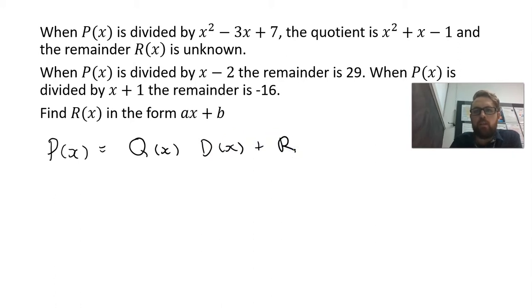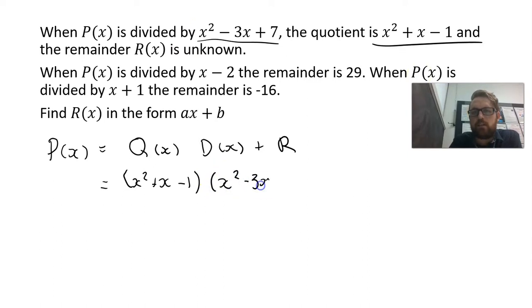Given what we've got at the top, the quotient is x squared plus x minus 1, and the divisor is x squared minus 3x plus 7.